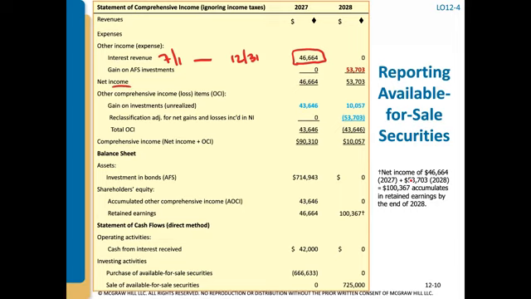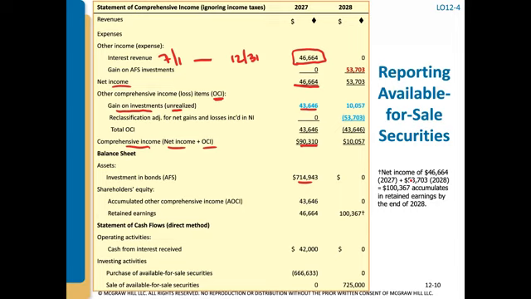So for net income, we had $46,000. We had this unrealized gain on investment that went into our other comprehensive income for $43,000. So our total comprehensive income, when you take the net income plus OCI, is the sum of those two, $90,000. Looking at the balance sheet, you have your assets stated at the fair value of $714,943.